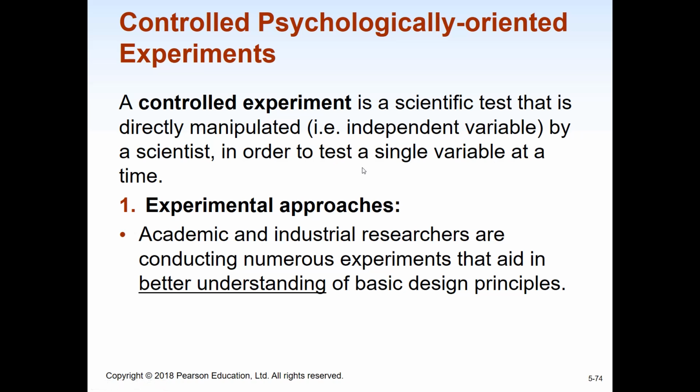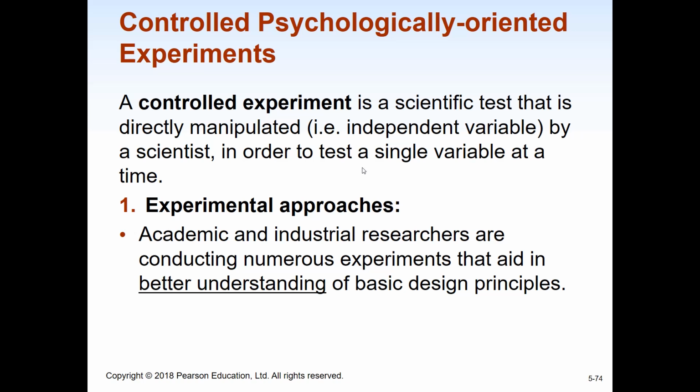For example, if we have time of usage and the number of errors, two variables here, error rate and time of usage. Now we are going to do a controlled experiment.